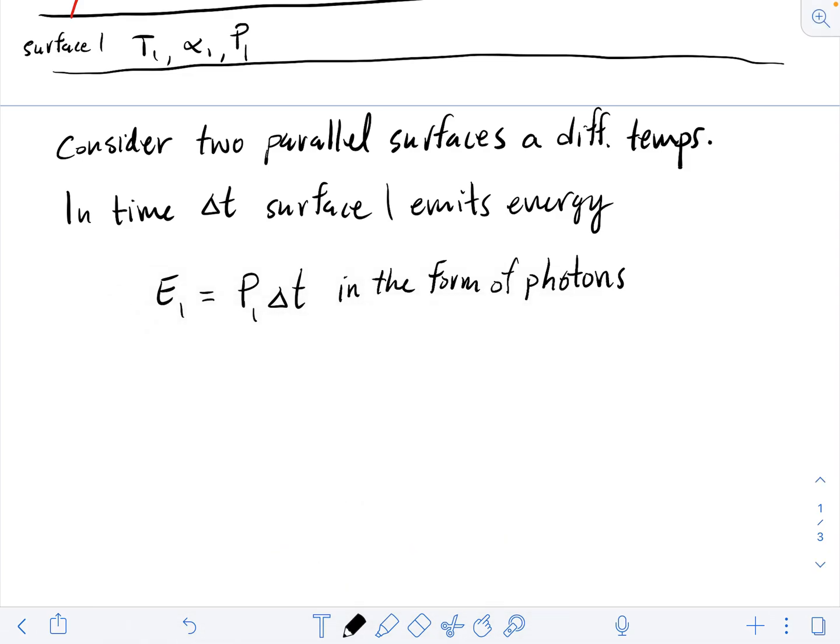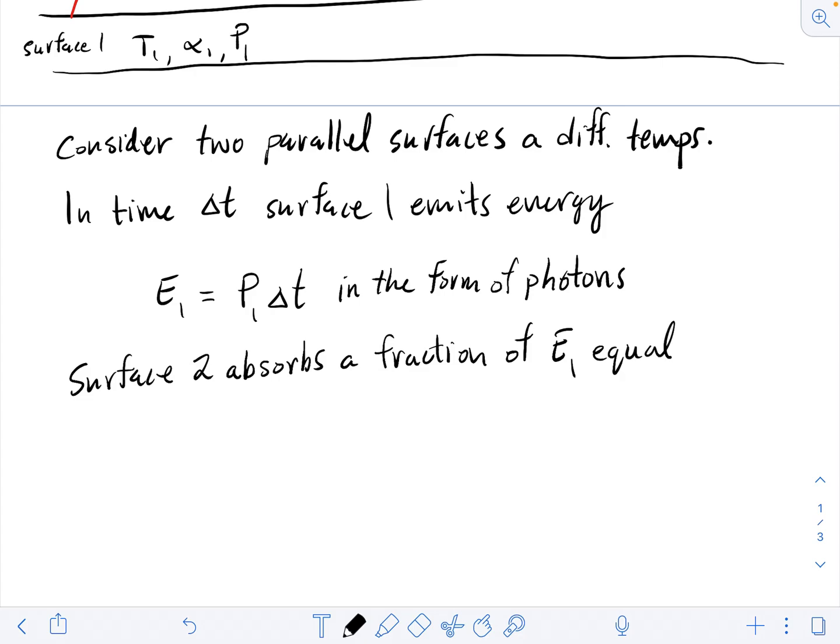When this stream of photons hits the second surface, surface 2 absorbs a fraction of the incident energy E1, and the amount of energy that it absorbs is equal to the absorbance alpha 2 times the amount of incident energy E1.